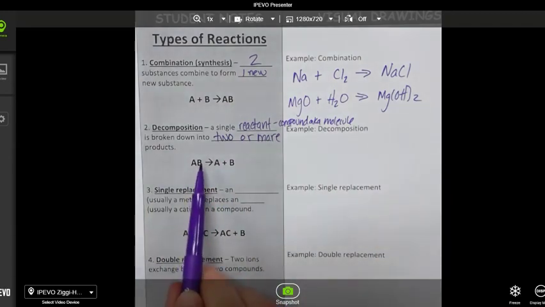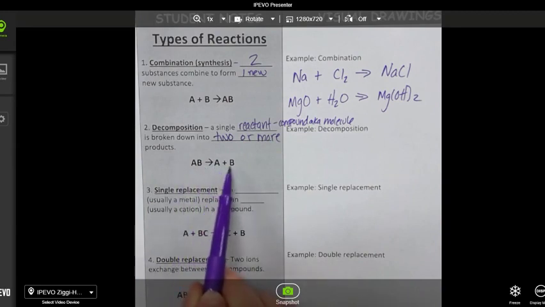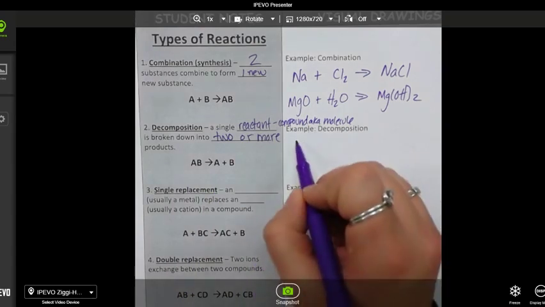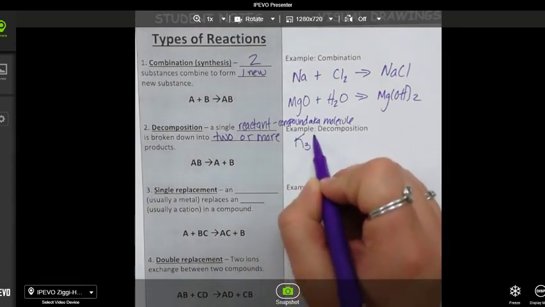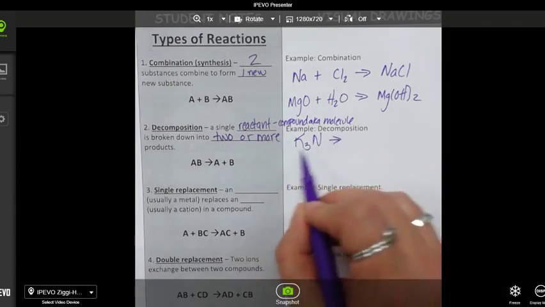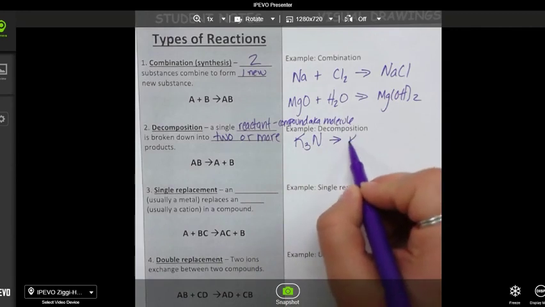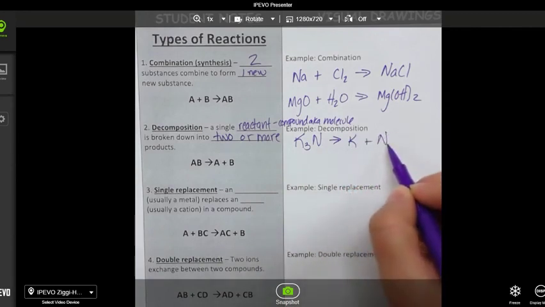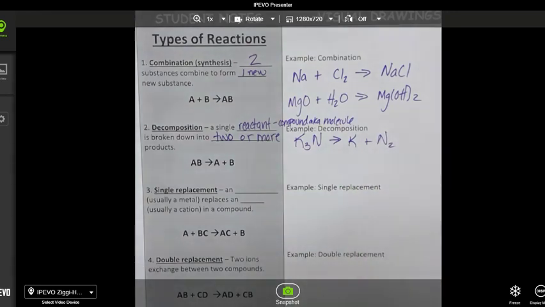So that's like taking one large compound, compound AB, and breaking it down, decomposing it into smaller pieces, A plus B. An example of this would be something like K3N is going to decompose into what? Well, if we have this large molecule and it decomposes, it's going to decompose into potassium plus nitrogen. And now since nitrogen is a diatomic, got to decompose into N2.